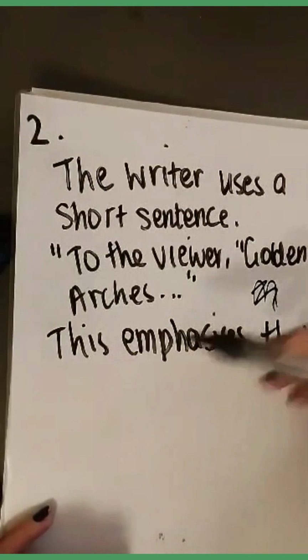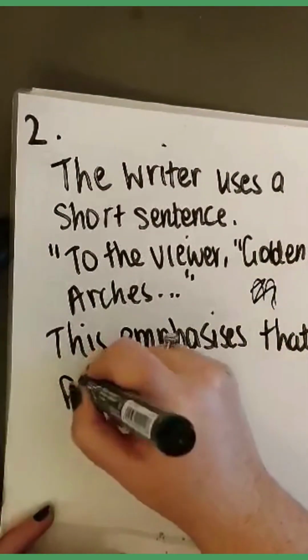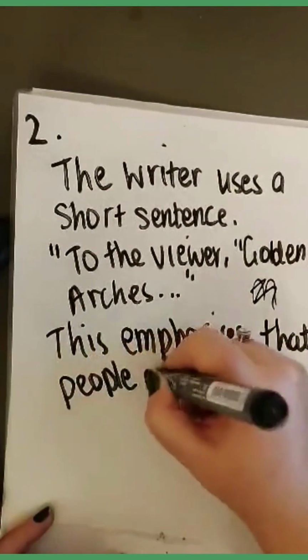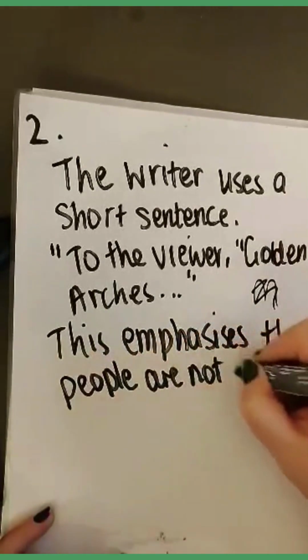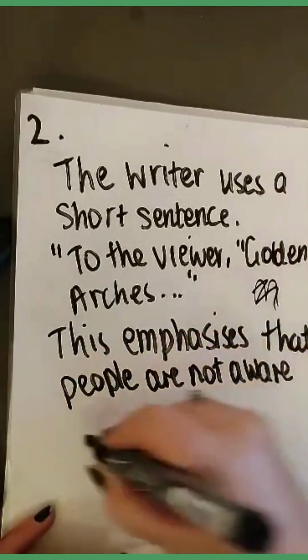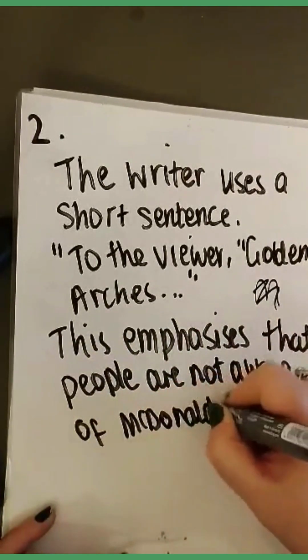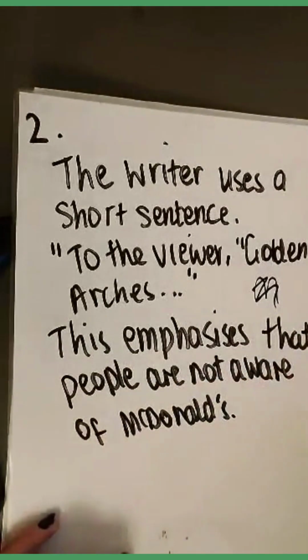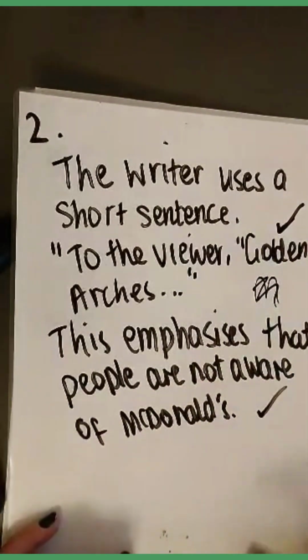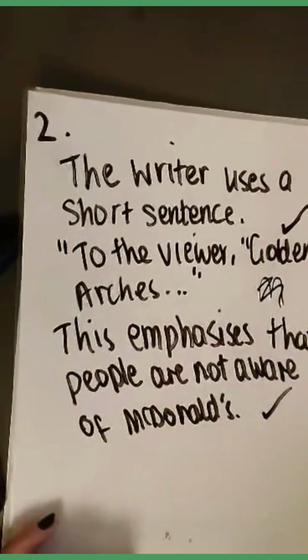So this is what has been emphasised. So this emphasises that people are not aware of McDonald's. And there we go. So we get 1 mark for our quote, 1 mark for analysis, and that is you with 2 marks for sentence structure.